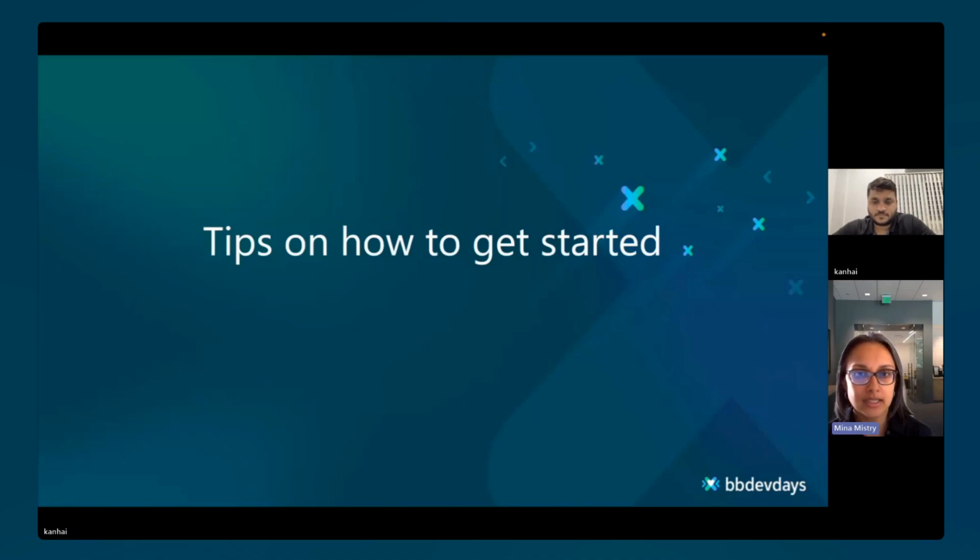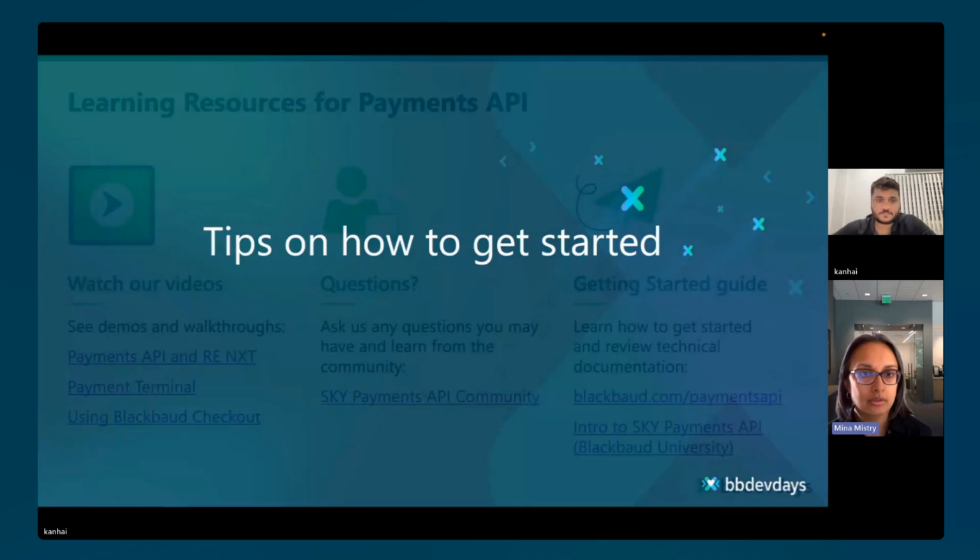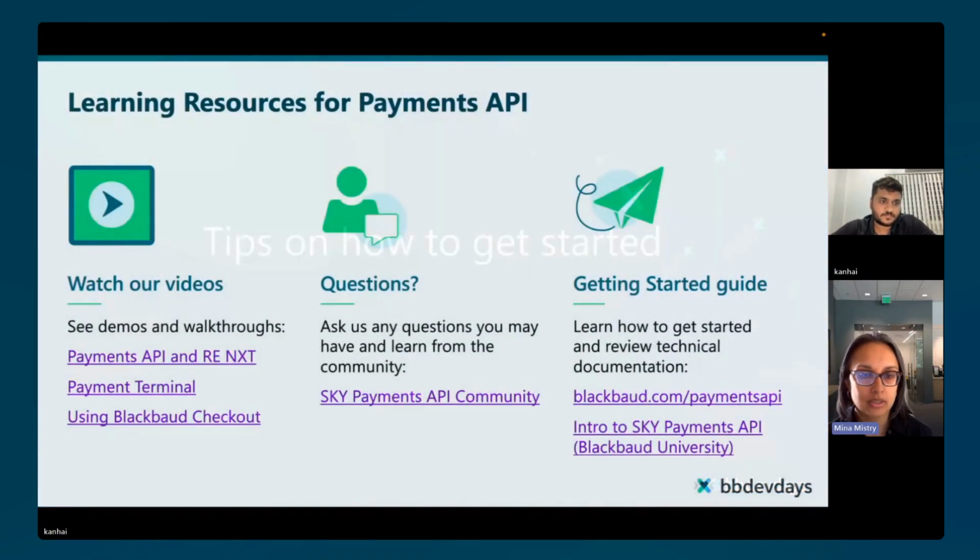So if we go to the next slide, I want to just touch on some resources that we have available that I like to share with people who are looking to get started. We have demos similar to what you've seen today. We have recordings of previous sessions that I think are really useful to go through.